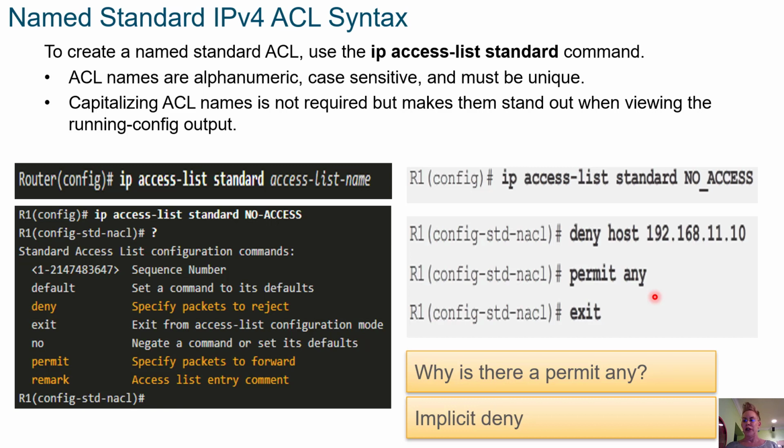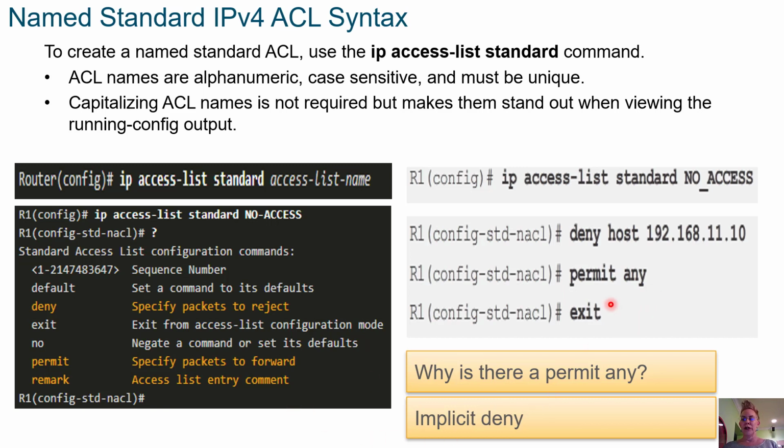Let me help them out and just deny everything. So in this scenario, really, we only want to deny that host. If I did not put the permit any, there would automatically be a deny any, so nothing else would get through.